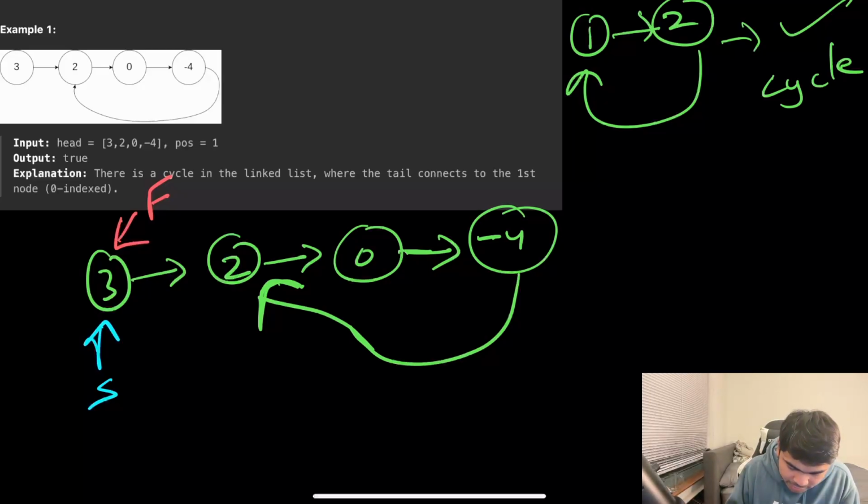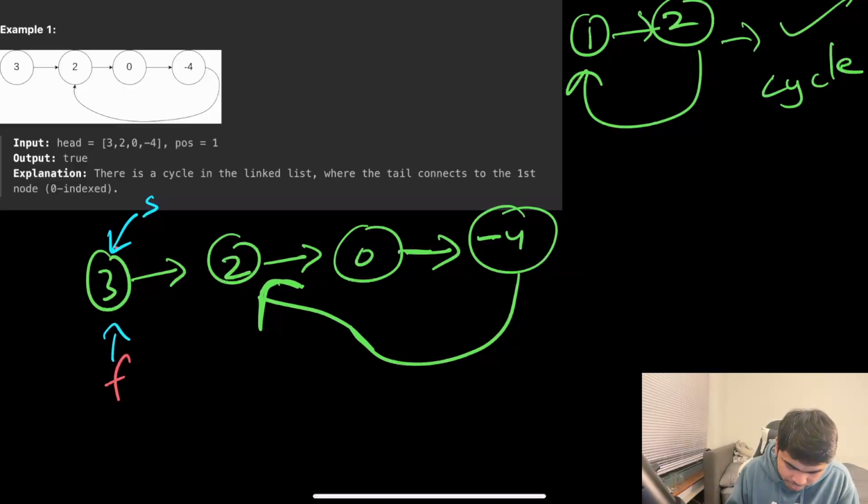So let's move fast. I'm just gonna use colors rather than writing labels. So this is basically our slow, and this is basically our fast.